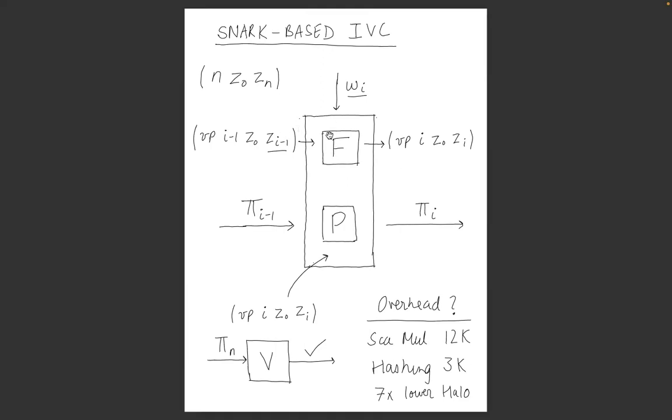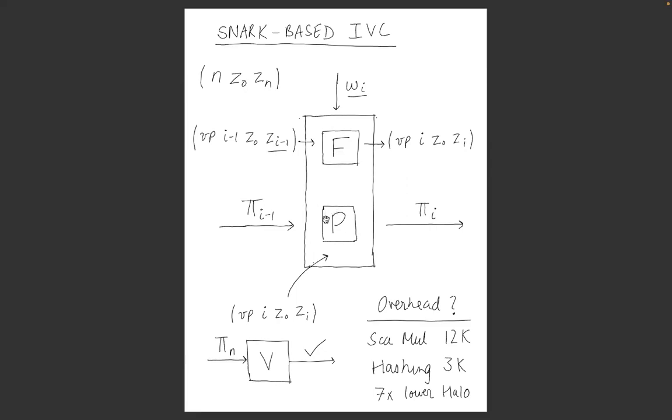Again, here we have this function which takes at each step some witness, and it takes inputs which are this z0, which was the initial input at the very first step, and the input at the i minus 1 step, and it gives the output as the final output zi. And now what the prover does is it takes the proof of the previous step, which was from the inner proof system, and it outputs a new proof, which is the proof for the outer system.